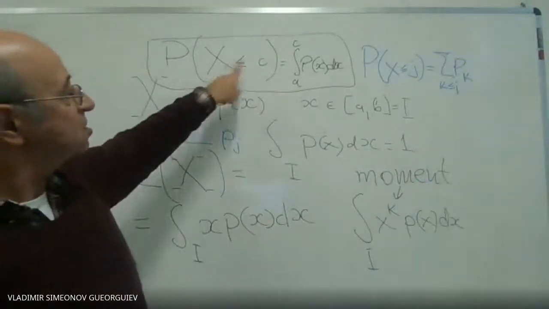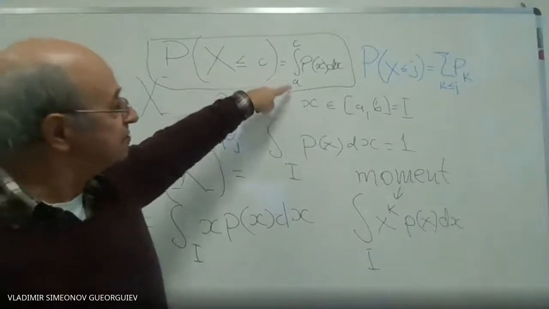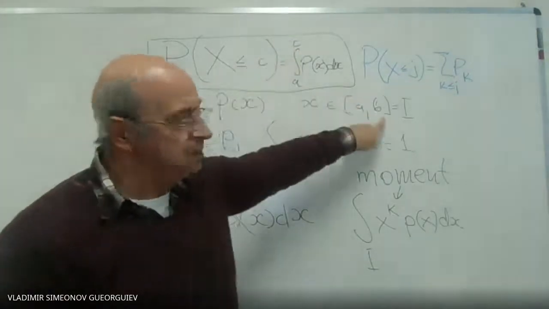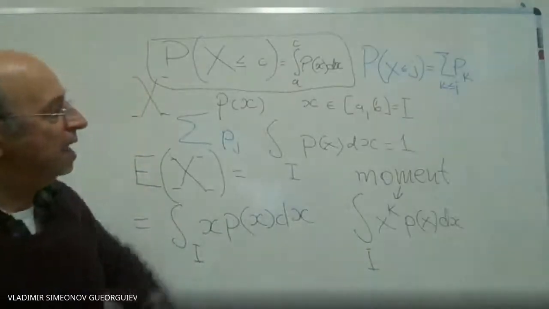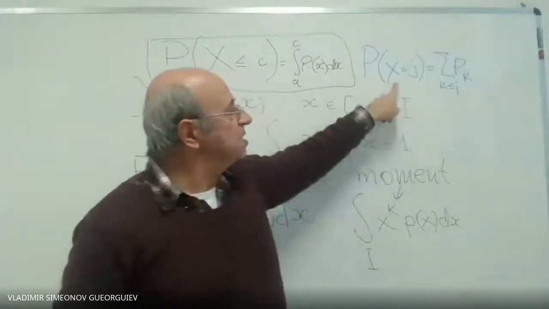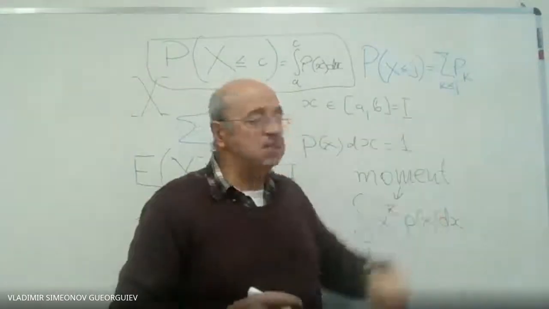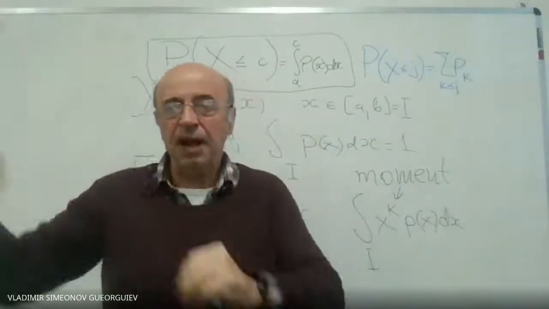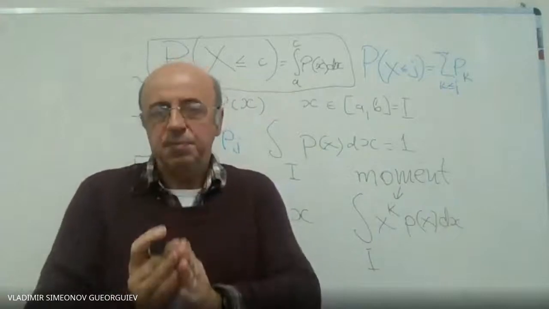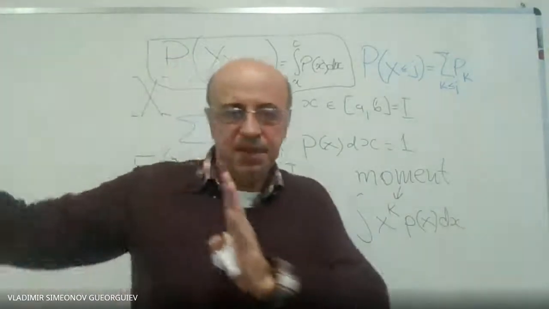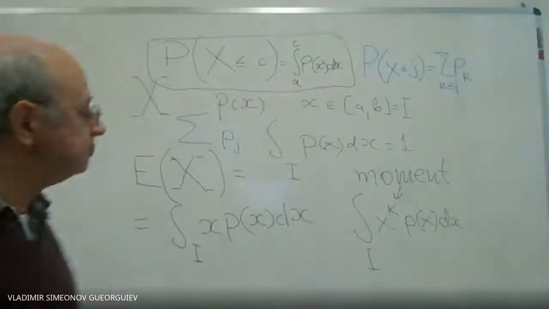If we take x bigger than C, instead of the integral from A to C, we have to take the integral from C to B. As well, also in this case, if we take x bigger or equal than j, we have to take the sum of P kappa with kappa after j. Therefore, P kappa plus 1 up to all P kappa that are after Pj.